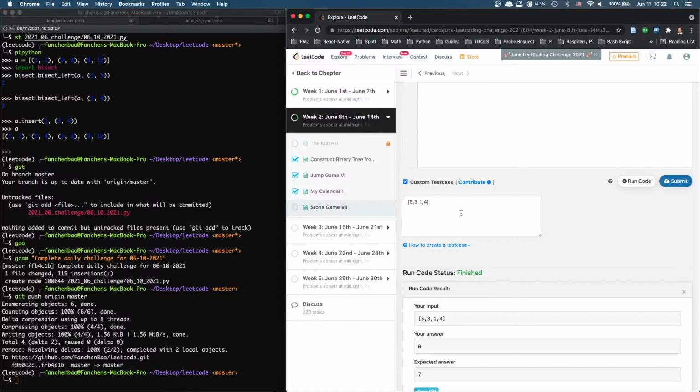So we just say 5, 3 will give us a difference of 5. 3, 1 gives us a difference of... how do we represent this? This is indices. Bitmap?